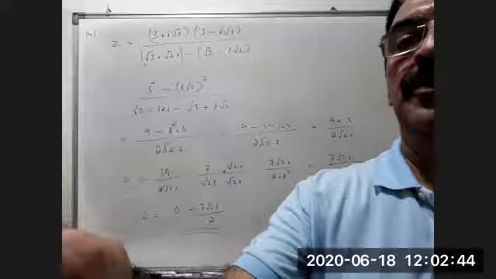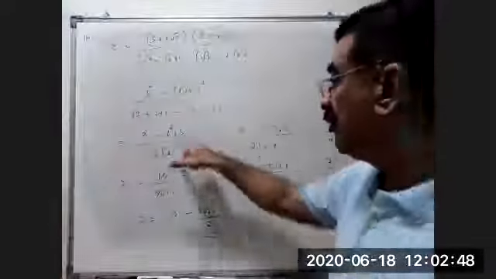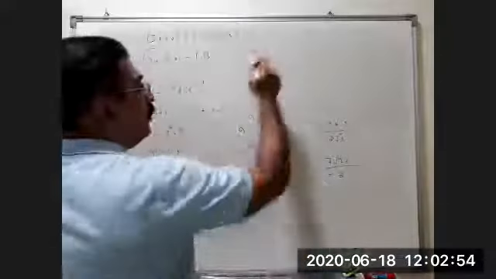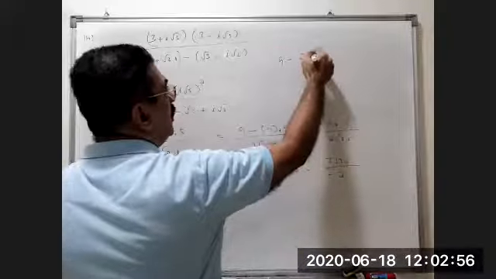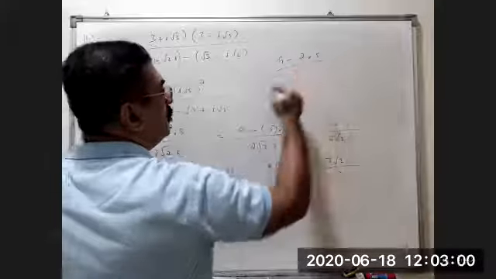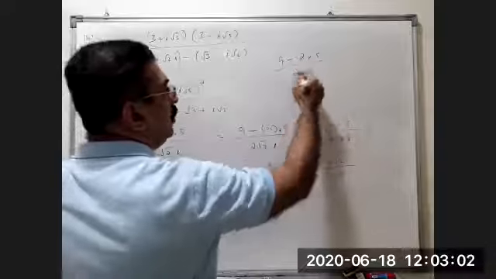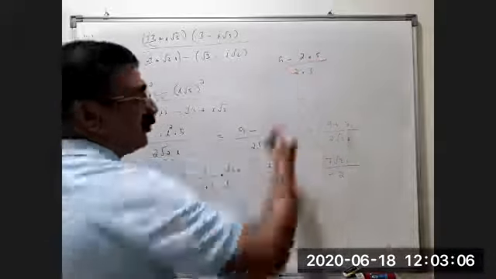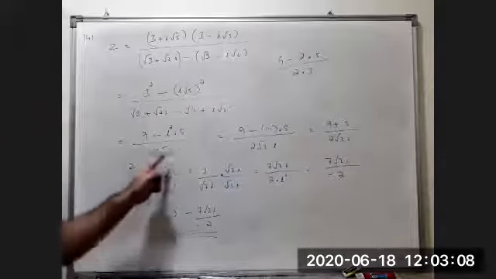Now, numerator we have 2 terms. We cannot cancel it. We cannot cancel the sign because in the numerator we have 2 terms. See, for example, if you get some 9 minus 2 into 5 by 2 into 3, we cannot cancel this 2 and 2. Why? Because in numerator we have 2 terms. Similarly, we cannot cancel this i.